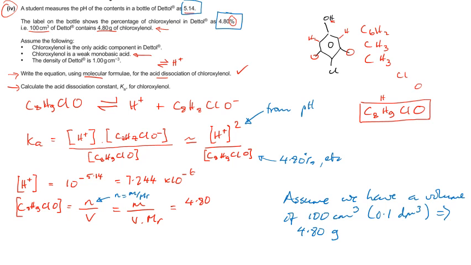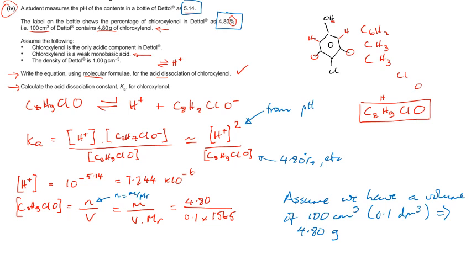So we've got 4.8 grams of chlorosilanol in a volume of 0.1 dm cubed, and the Mr is 156.5, which you're not given, so you're going to have to count up all the Ars.